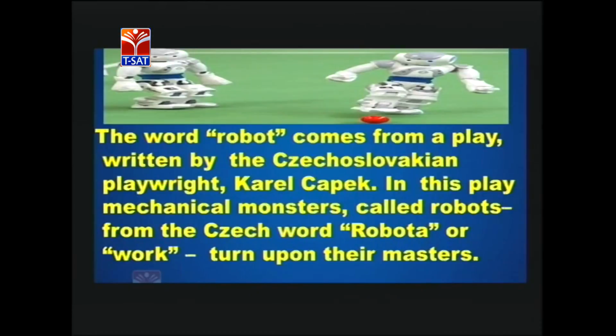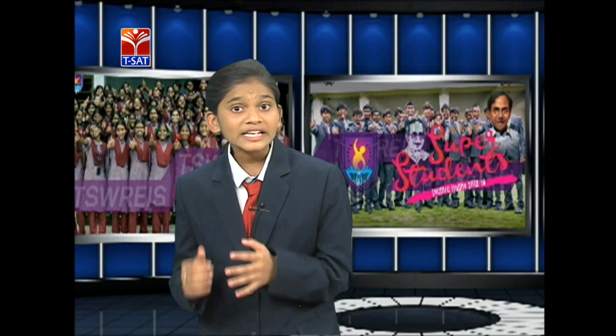We are familiar with the word robot. But recently we watched two films, Robo 1 and Robo 2. The word robot comes from a play written by the Czechoslovakian playwright Karel Čapek.